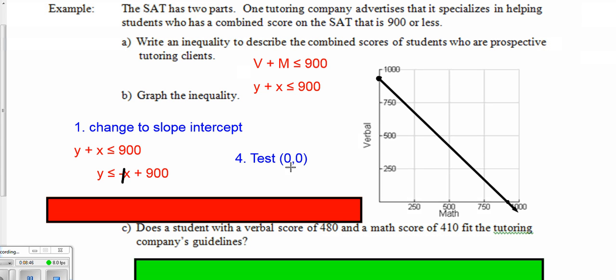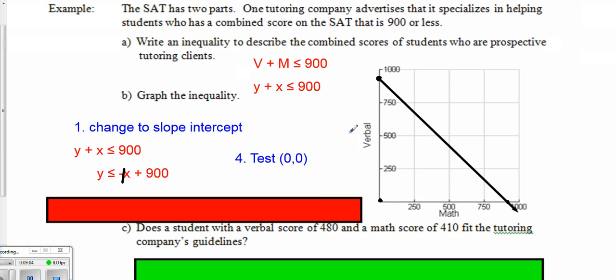Now to shade, I can test my point 0, 0 right here. And yes, if I add 0 and 0, that'll be 0, and that is less than 900. So I should be shading everything below this line.